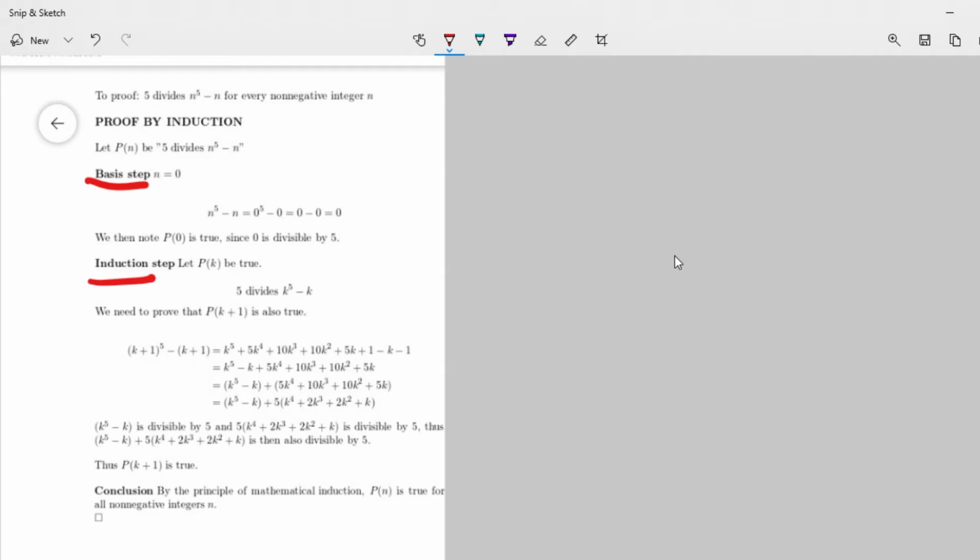Initially we take the value n equal to 0. So n^5 minus n, with n equal to 0, gives 0^5 minus 0, which is 0. So we should note that P(0) is true, because 0 is divisible by 5. So this is our basis step.